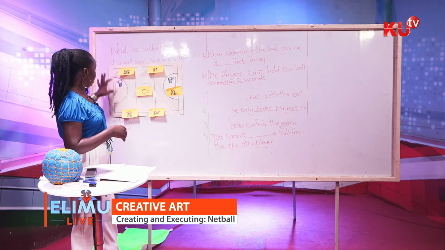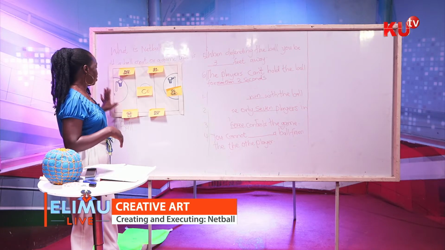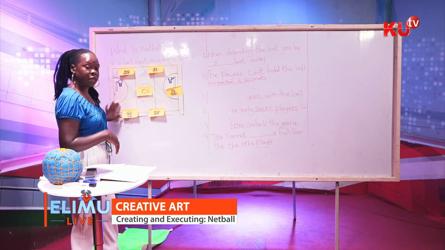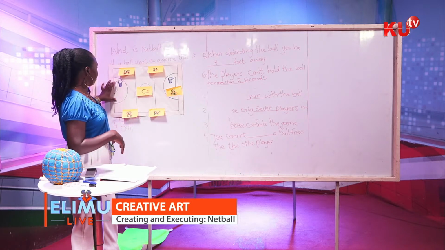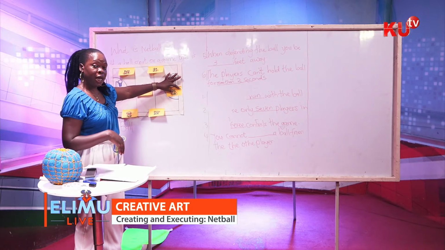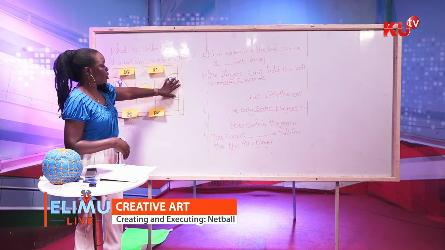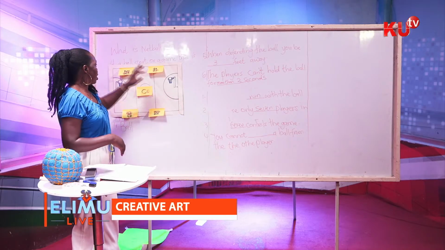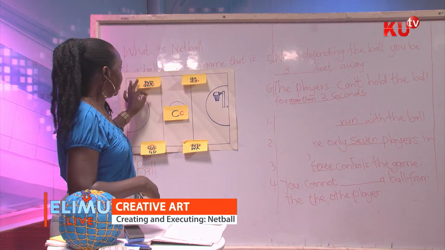Okay, and then number 1, we said number 1 is for the goal shooter and the goalkeeper. The goal shooter and the goalkeeper should not go beyond the semicircle. Number 7 is the same as number 1. We have the goal shooter and the goalkeeper, and they are not supposed to go beyond this semicircle.